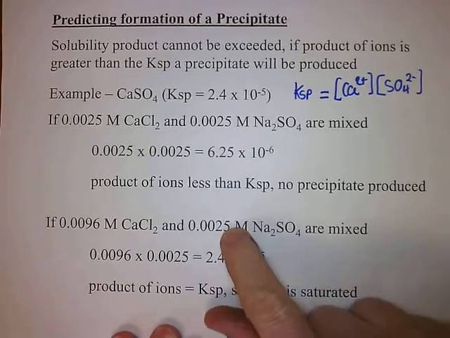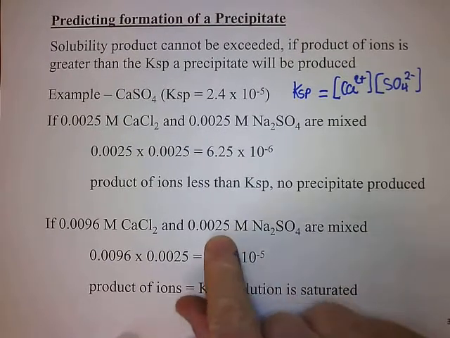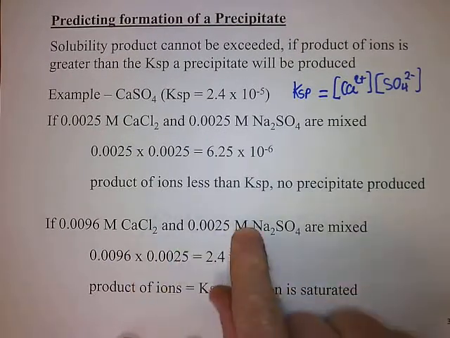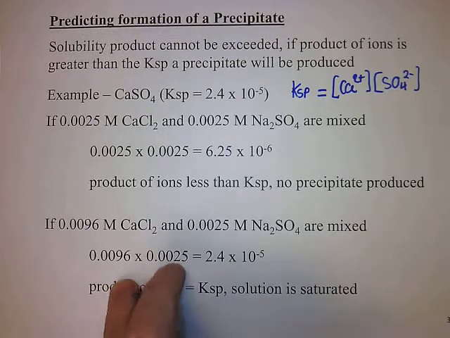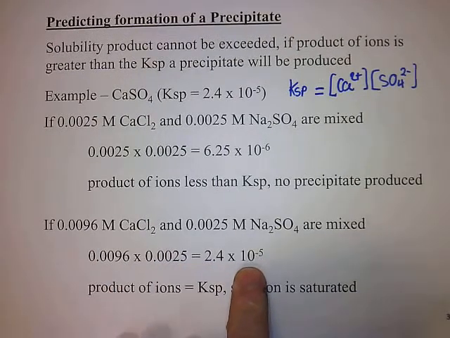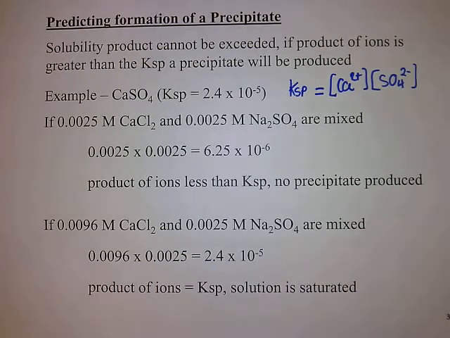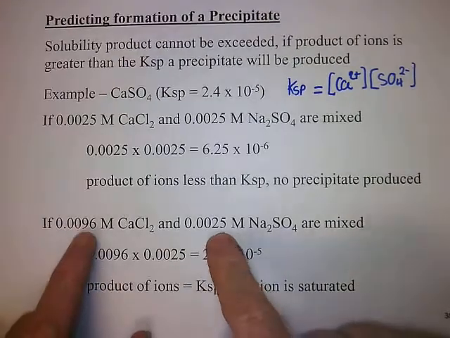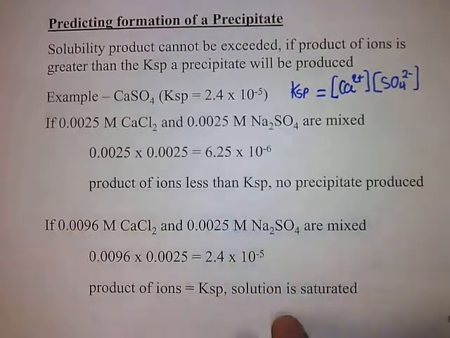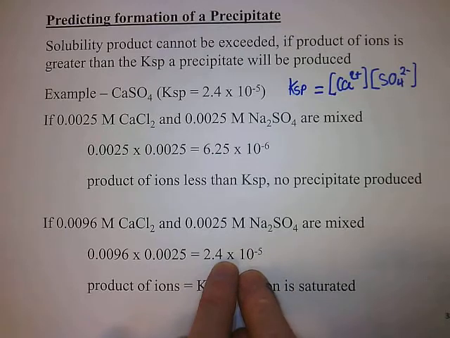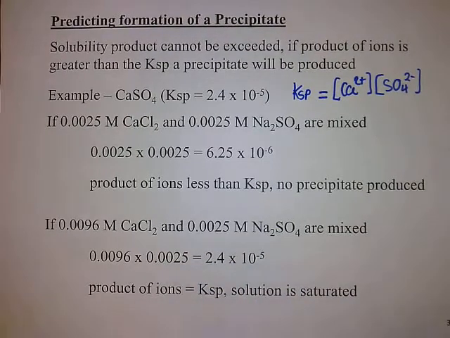Well, if you make this bigger, anything bigger than 0.0025, the product of the ions will be bigger than the KSP. In other words, if each were 0.0096, then we'd have a number that was bigger than the KSP, and we would start getting a precipitate. In other words, calcium sulfate would start coming out.